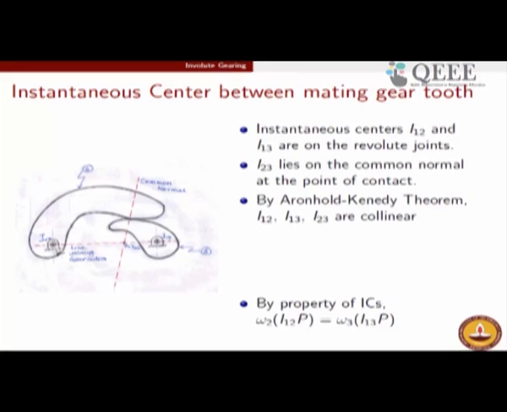So, every point which is embedded in this body or in an extension of this body should have a linear velocity which is given by the product of the rotational velocity times the radius vector. With that argument, the velocity of this point P will be the angular velocity multiplied by this radius vector, which is omega 2 times I12P.